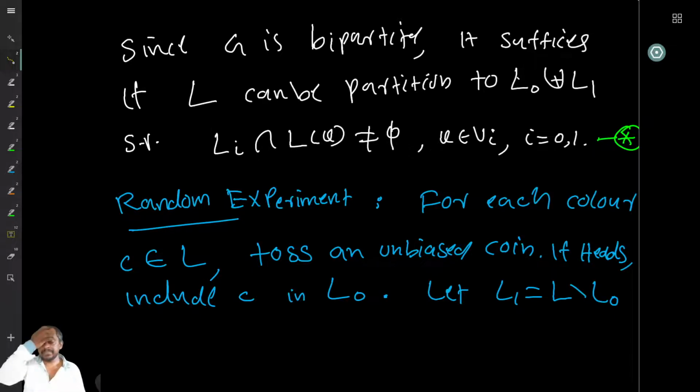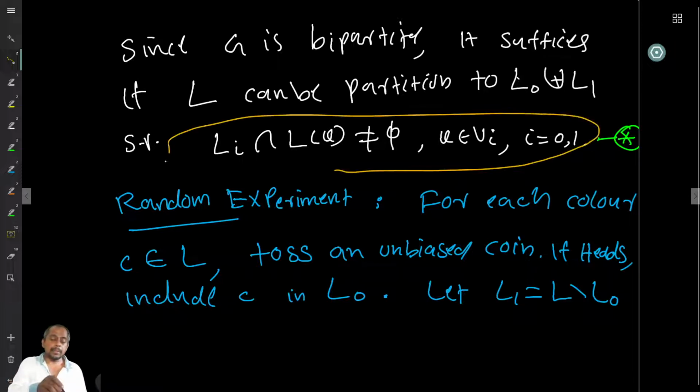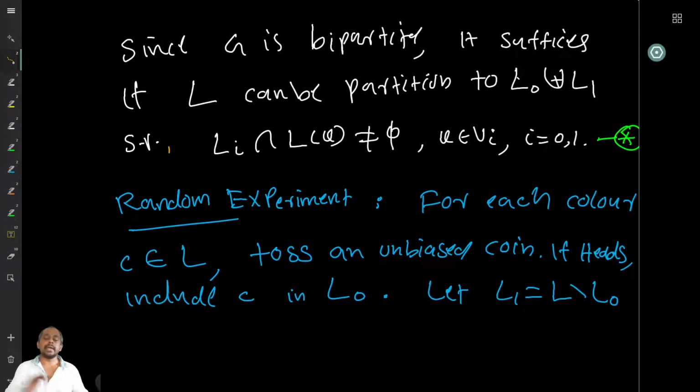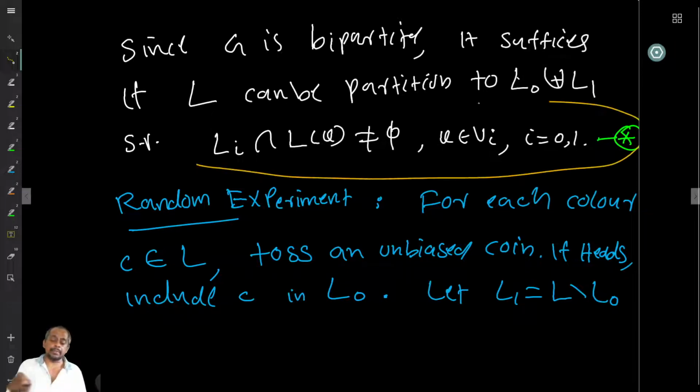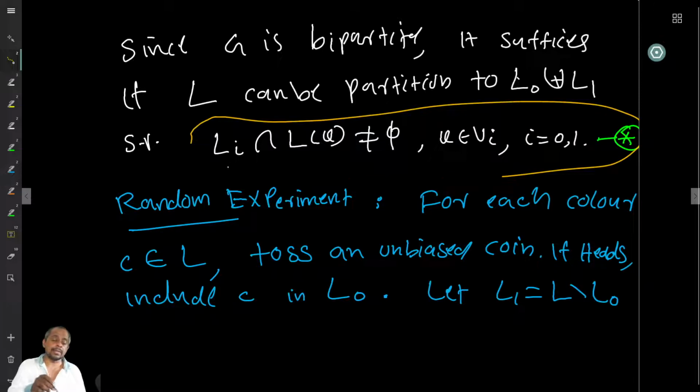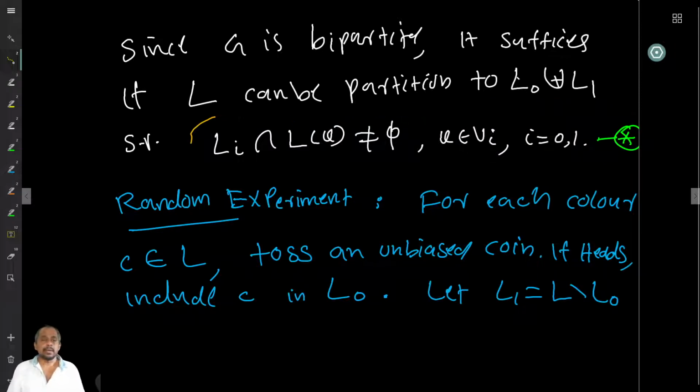So now, if this property is true, which I mark by star, then I have a coloring. So what I want to show is that the probability that this does not happen is strictly less than 1, which means the probability that this happens is positive.